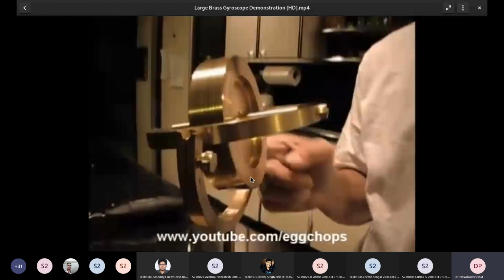With respect to every particular axis along which you have to sense the rotation, you will be keeping such kinds of gyroscopes. If you want 3-axis measurement, you will keep 3 such devices.